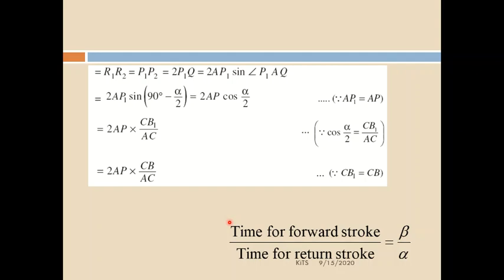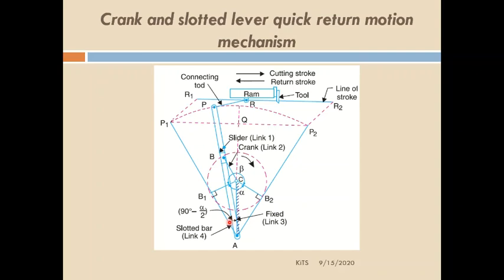We know that adjacent side by hypotenuse, what is the formula for that?